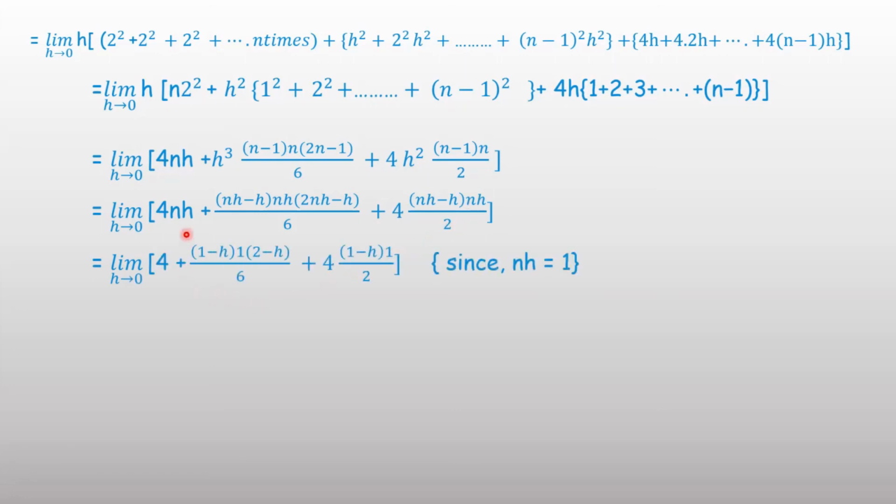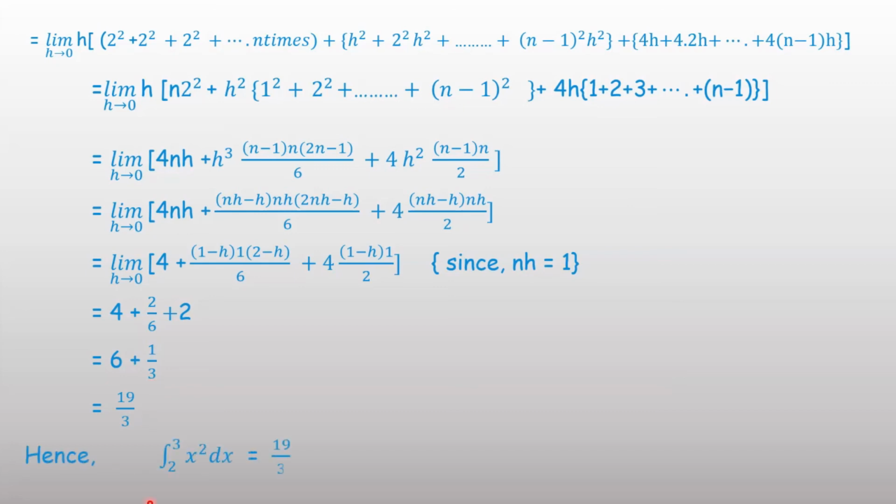The value of nh is 1. So 4 into 1 equals 4, plus, in place of nh put 1, (1 minus h) into 1 into (2 minus h) by 6, plus 4 (1 minus h) into 1 by 2. Now apply the limit, which means in place of h write 0: 4 plus (1 minus 0) into 1 into (2 minus 0), that is 2 upon 6, plus 4 into (1 minus 0) into 1 upon 2. 2 twos are 4, 2 equals 6, plus 1 by 3 equals 19 by 3.